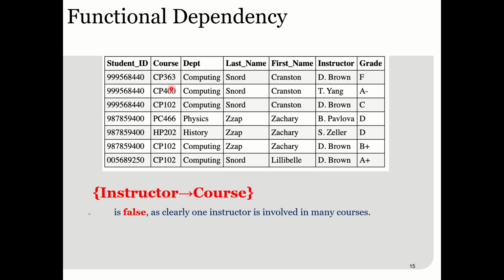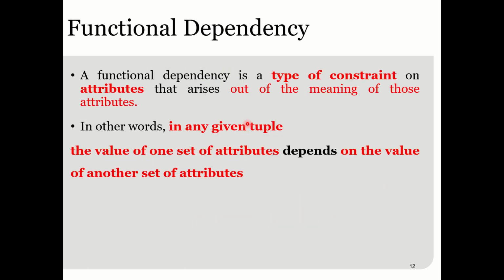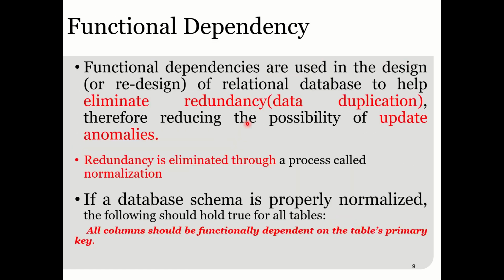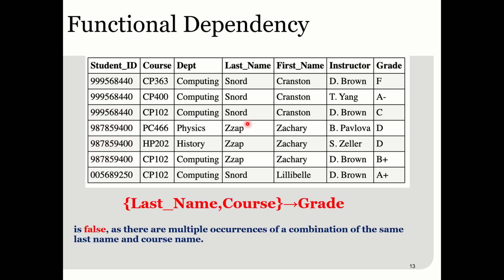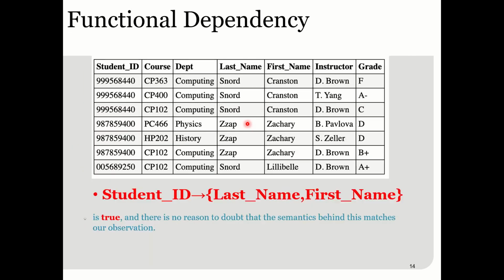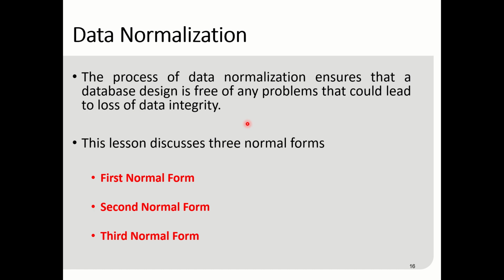D Brown is actually having both CP365 and CP102, so it's a multi-valued attribute. So it is not one which you could say is clearly dependent upon the other one. There are multiple values on that. So this is how you will identify whether a particular functional dependency is true or false.